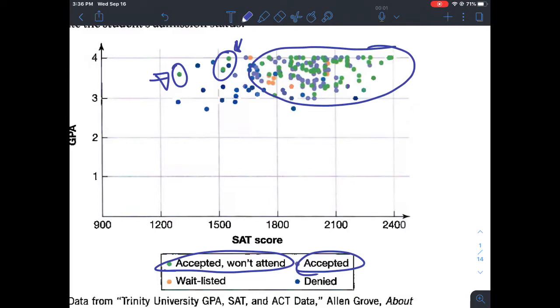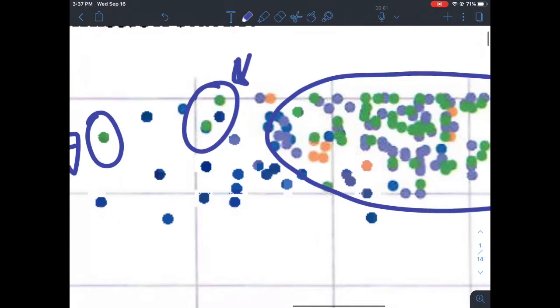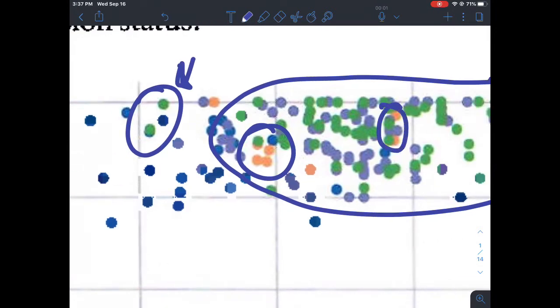And then part C, notice that there are blue and orange dots representing students who were waitlisted or denied admission behind some of the green and purple dots. Explain what that means. So looking here, we have a student that was accepted, and then we also have students that were waitlisted, and they all have pretty much the same data.